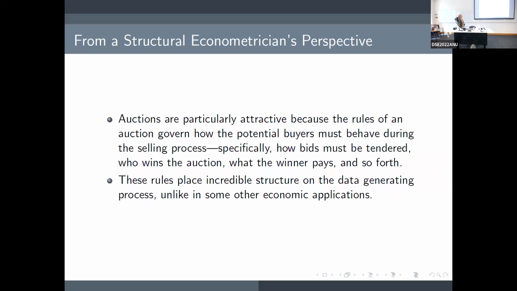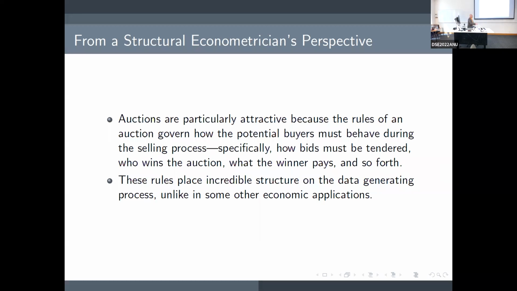So why did I find auctions interesting about 40 years ago? It's that the rules that govern them put very tight predictions on the data generating process, unlike in some other applications, right? And in fact, many of the models are written in things that you as an econometrician or as an empirical worker would like to see.